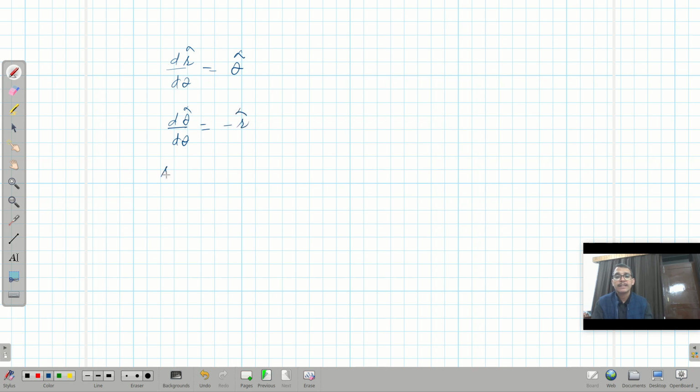And another is that r cap dot theta cap is always equal to 0. These are the three important conclusions which I am drawing from this particular lecture. So that's all for this lecture.